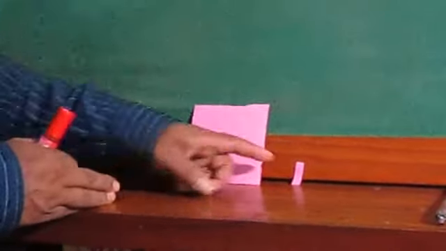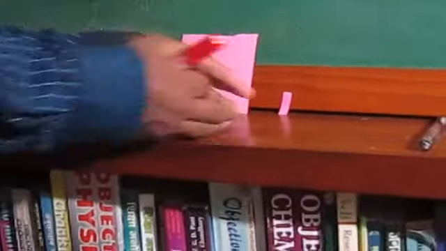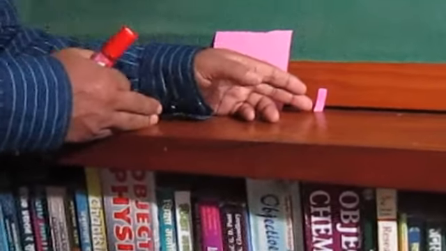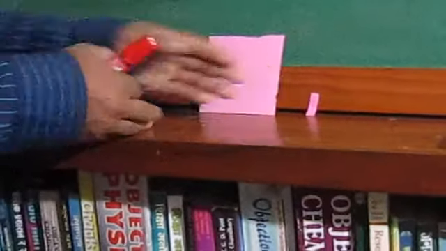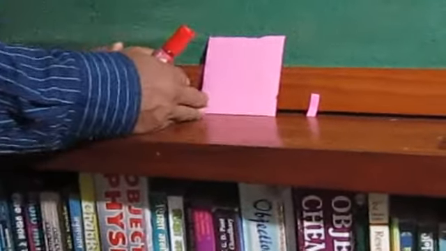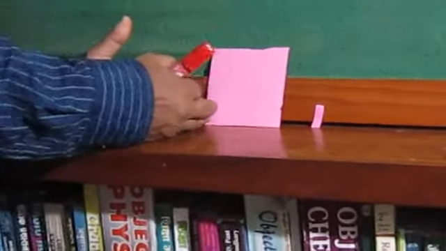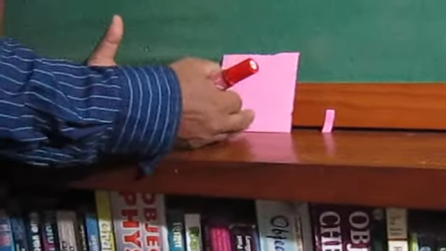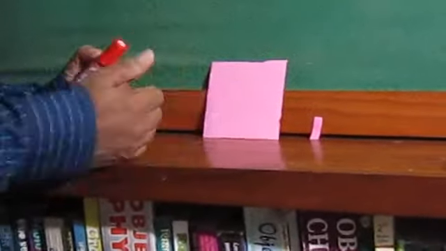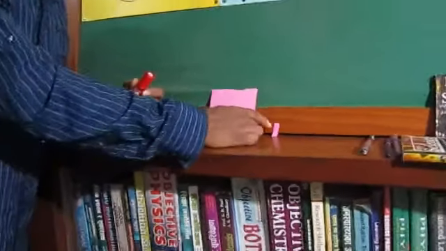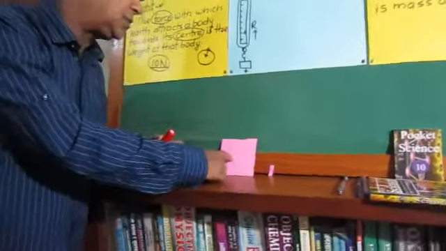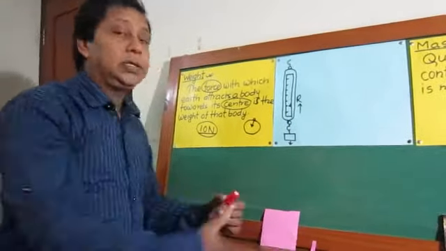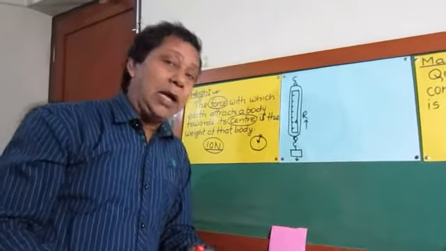We can say that the molecule content in a small piece of this paper may be 1 million molecules. But if we compare with the bigger one, then we can say that this big piece of paper contains 100 million molecules. Quantity of matter contained in the bigger one is greater than in the small one. That's why the mass of this piece of paper is greater than this. This is the meaningful understanding of mass.